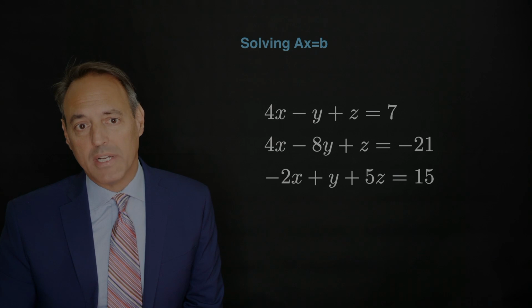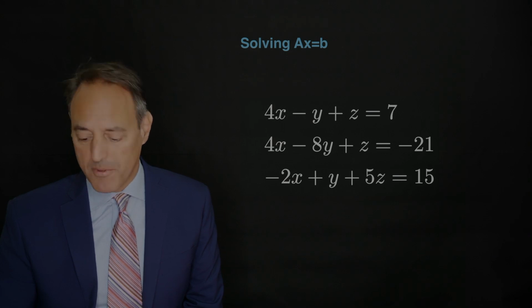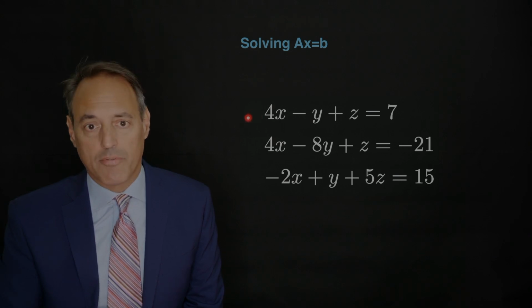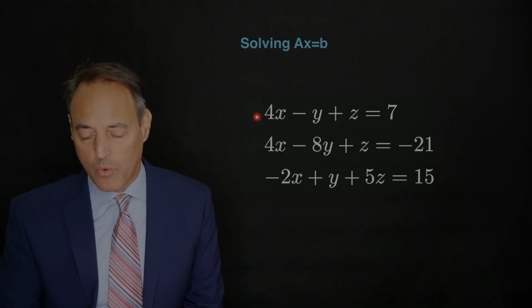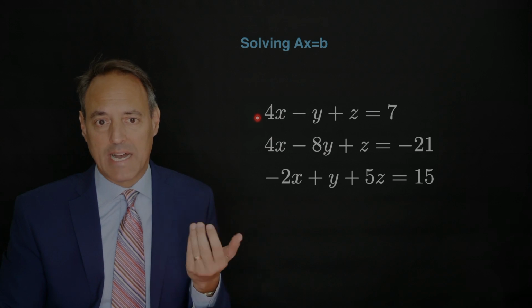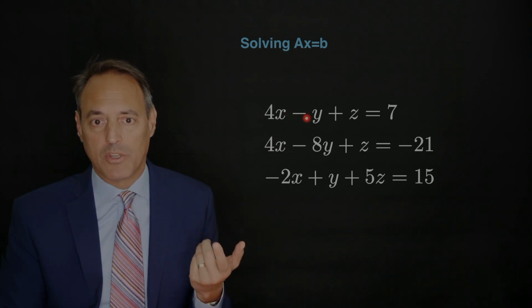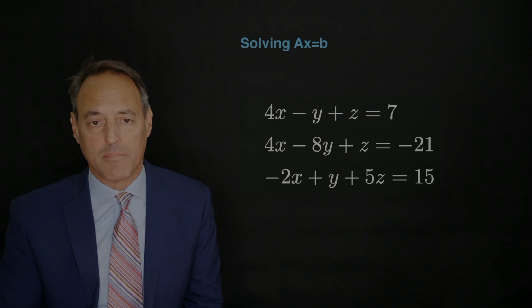So what we're going to do in solving this is, from the first equation, solve for x. From the second equation, solve for y. From the third equation, solve for z. What do I mean by solve for x, y, and z? In the first equation, I'm going to put x on the left-hand side all by itself. That means moving the y and z to the other side, dividing by 4.